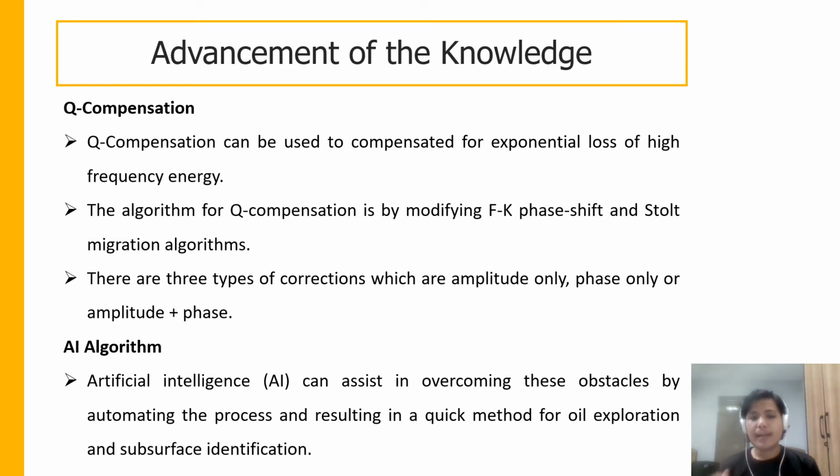The algorithm used for Q compensation is by modifying FK phase shift and stolt migration algorithms. Now there are three types of corrections for Q compensation, which are first amplitude only, second phase only, and last one is the combination of amplitude and phase.